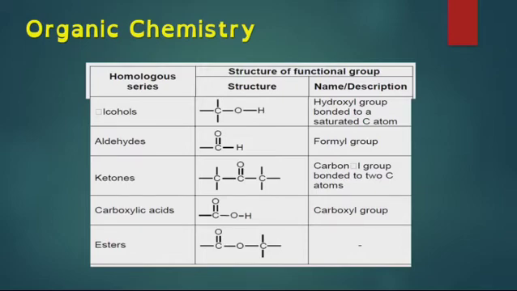Right, the last two, carboxylic acids and esters. Carboxylic acid is like a little bit of a combination of an aldehyde and an alcohol. You know, we have our double bond oxygen on a primary carbon, and on that same carbon we have an OH group, where the OH is just referred to as the hydroxyl group, and the double bond O on a carbon is often referred to as the carbonyl group.